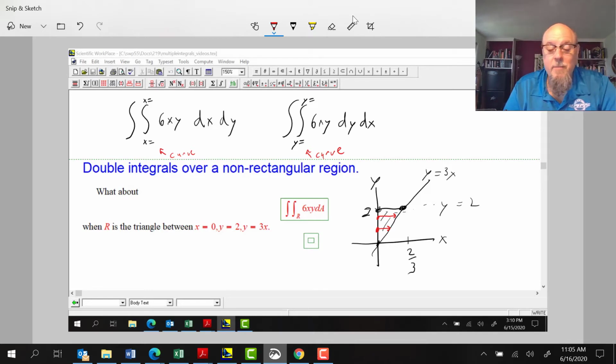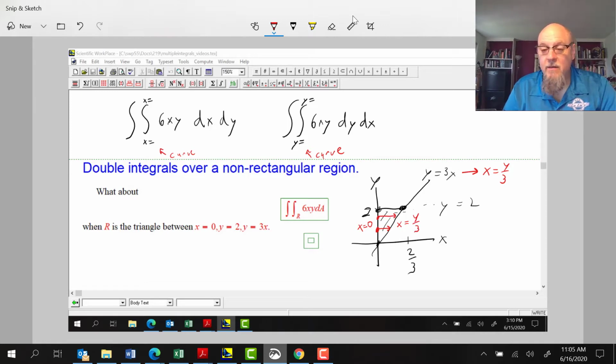What x value? It depends on the height. I want to write this x value as a function of the height. The height is given by a y equation, so I'm going to need to switch this around. Instead of y is equal to 3x, I'm going to write this as x is equal to y over 3. And now I've got this: it starts on the curve x equals 0, and it ends on the curve x equals y over 3.